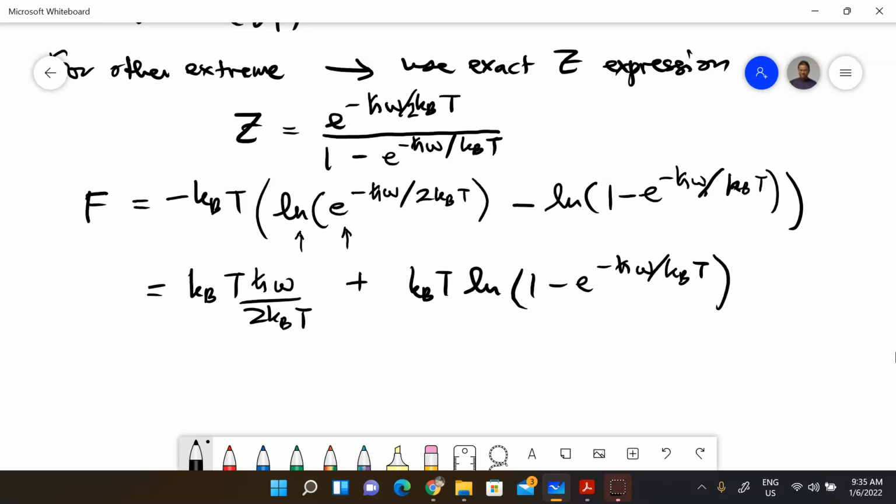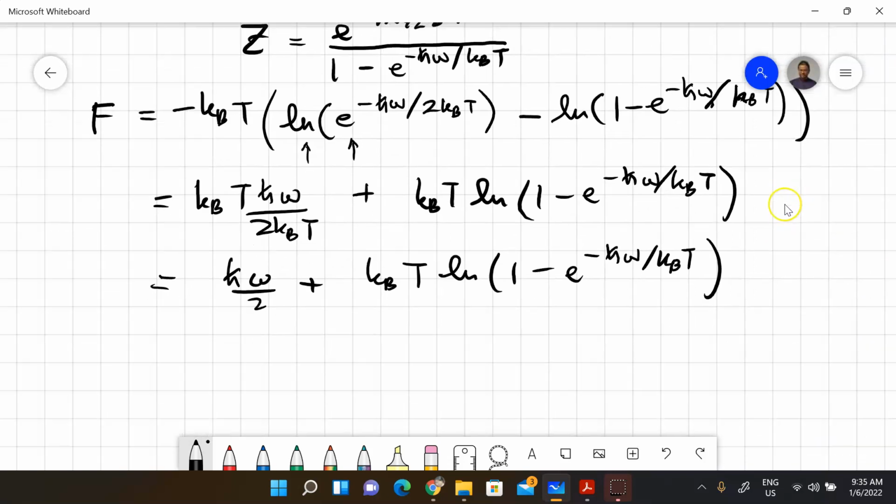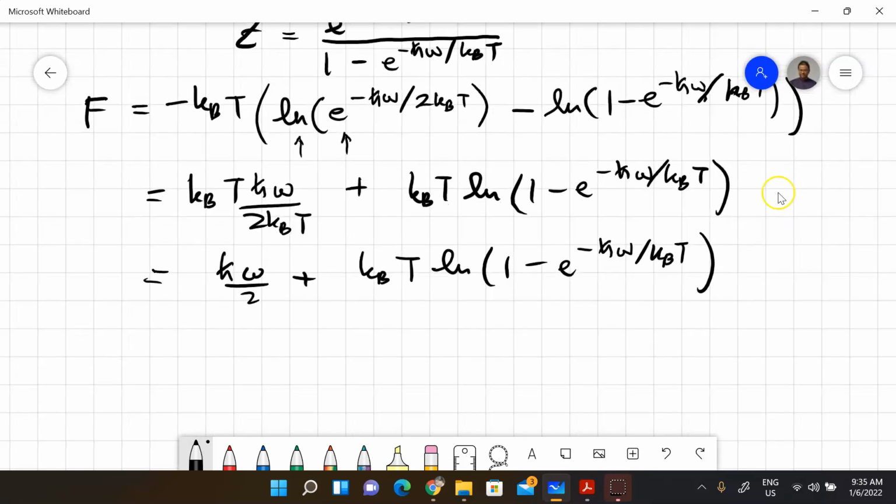The only thing that you can simplify is h bar omega over 2 plus kBT log of 1 minus e to the minus h bar omega on kBT. Right, so this is actually the exact free energy here.